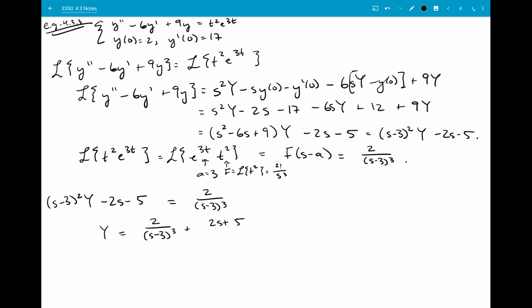Then we divide by that s minus 3 squared on both sides. So we've got s minus 3 squared, and then that s minus 3 cubed becomes an s minus 3 to the 5th when we divide by that s minus 3 squared. All that was algebra to solve for Y.